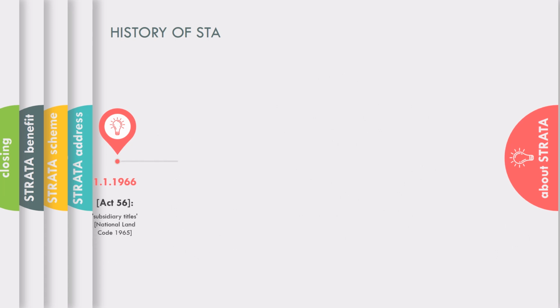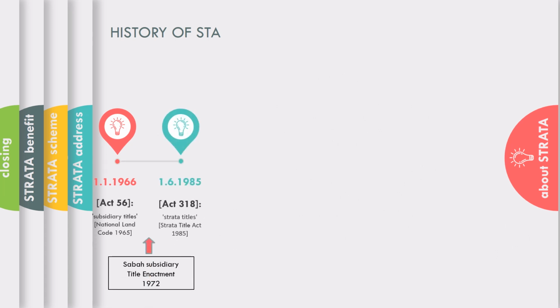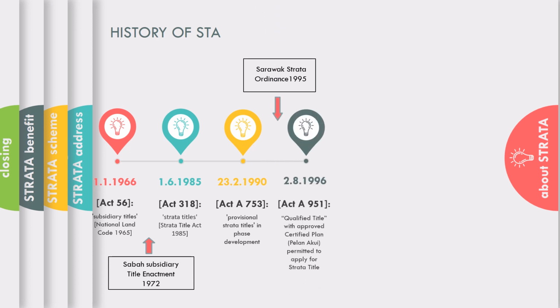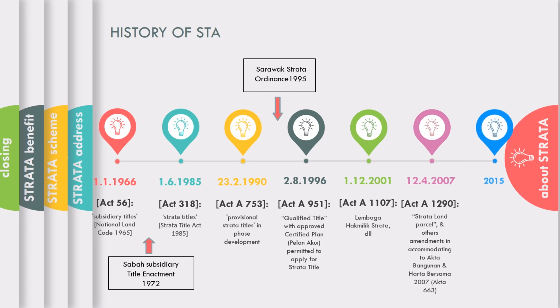This is the timeline of the history of the Strata Title Act. We see the Sabah Subsidiary Title Enactment 1972, shown between Act 56 in 1966 and Act 380 in 1985. Then it changed to Act A 743 in 1990, Provisional Strata Title.